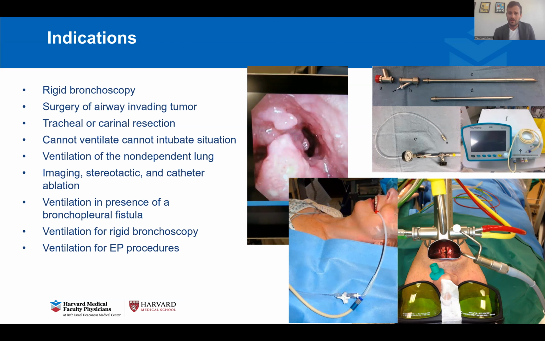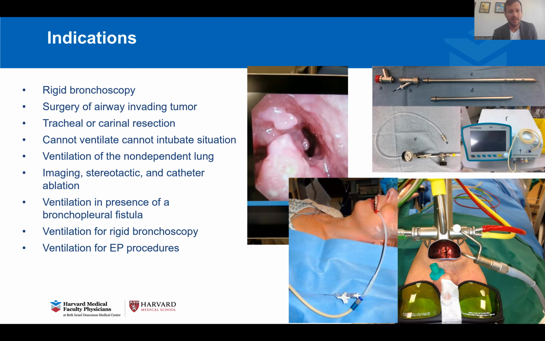Resections of the trachea or the carina. Jet ventilation does have an important role still if you are used to it and if you have protocols for this in your clinic, and in cannot ventilate, cannot intubate situations. I'm not going to touch this too much today because of the limited time. There's the potential to ventilate the non-dependent lung, so the non-ventilated lung in doing one lung ventilation, and still avoid basically collapse of that lung while allowing for some airflow into that lung.